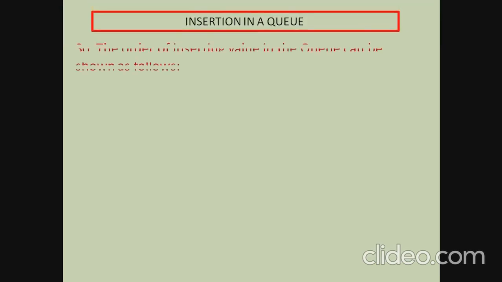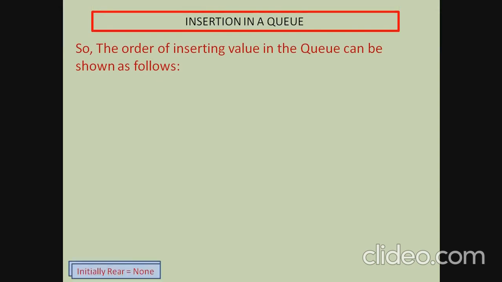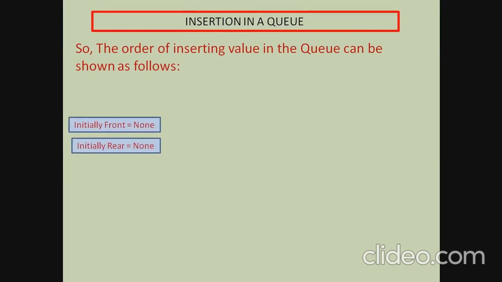So, what is the order of insertion in a queue? Initially we had front none and rear none when the queue was empty. But as item 1 gets inserted in subscript number 0, front becomes 0 and rear also becomes 0.